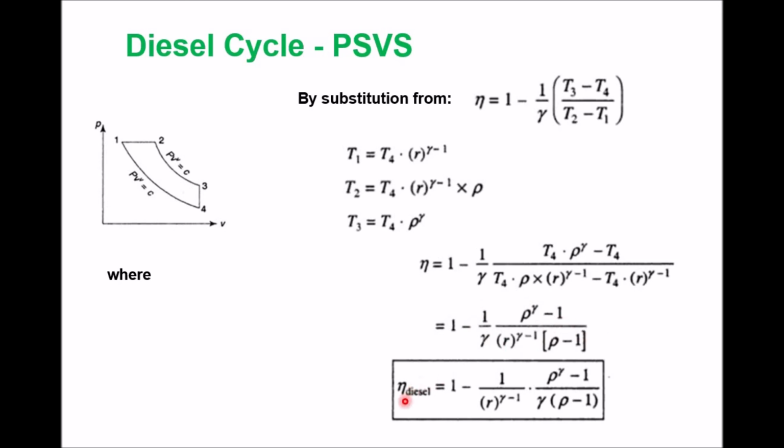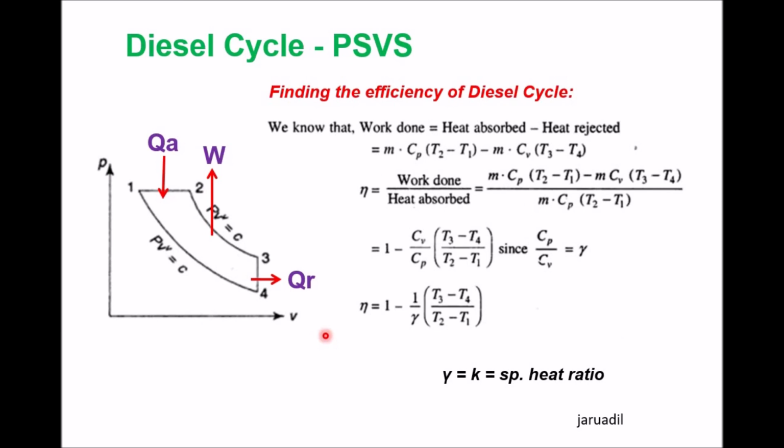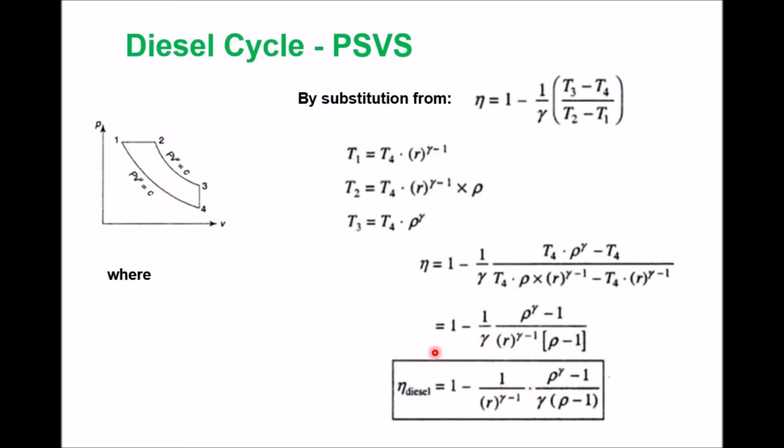So this is now the efficiency of the diesel cycle. In other formulas for the diesel cycle, you will see K instead of gamma. They are the same, but K or gamma is the specific heat ratio, Cp over Cv. So that is how we derive the efficiency of the diesel cycle.